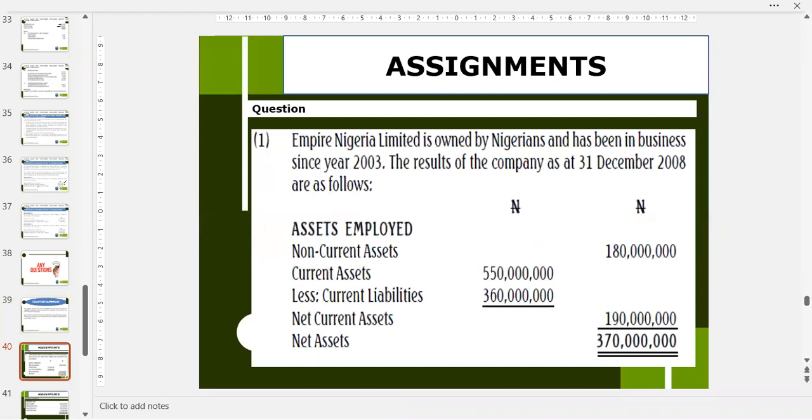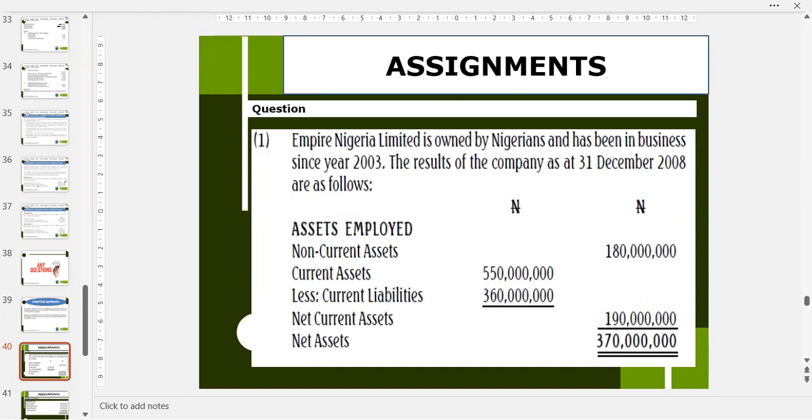Sorry, for your short answer questions and multiple choice questions, please refer to page 331. Let me see, page 331 of your study text.